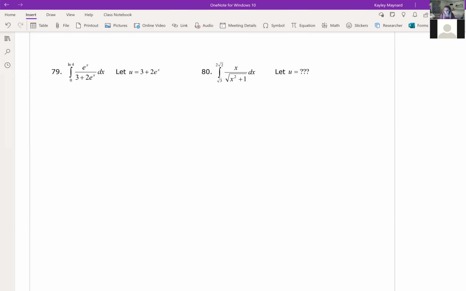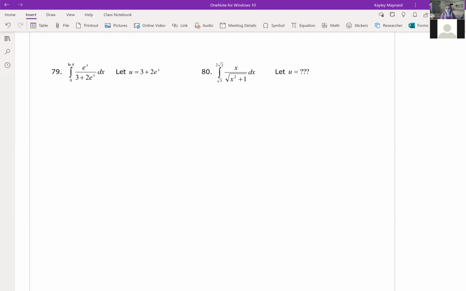When you're looking at this, you can see a composition of functions. In the denominator, you have the square root of x squared plus 1, where the inner function would be x squared plus 1. And if you take the derivative of x squared plus 1, you just get 2x. And there indeed is a multiple of that somewhere in the integral, because in the numerator, we have an x.